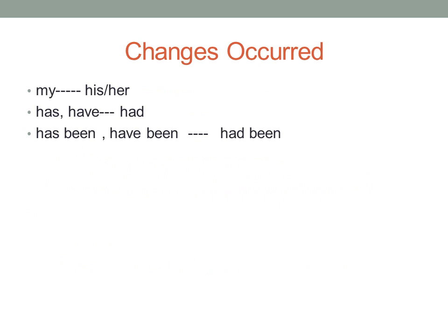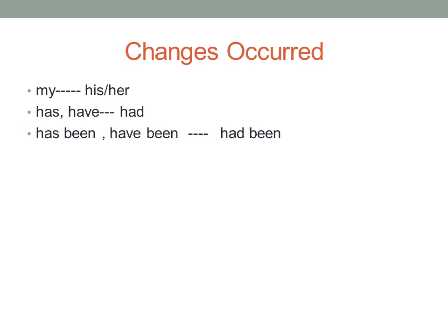Now we can see the other changes that occurred in the reported speech. In direct speech, my, in indirect speech, it becomes his or her. Direct speech has or have, in indirect speech, it becomes had. Direct speech has been or have been, in reported speech, it becomes had been.